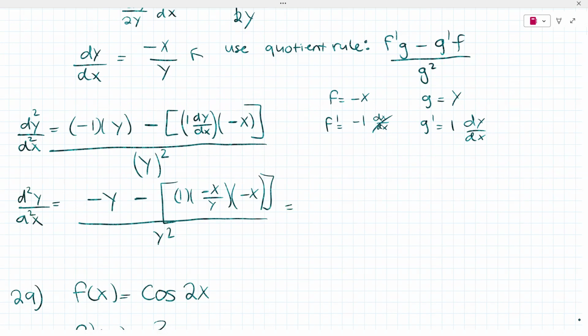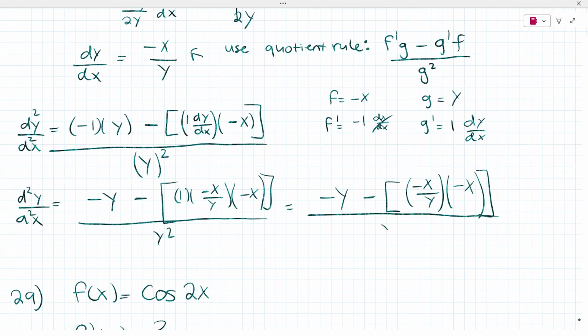Okay, so this is going to be negative y minus bracket, 1 times negative x over y, times negative x, over y squared.